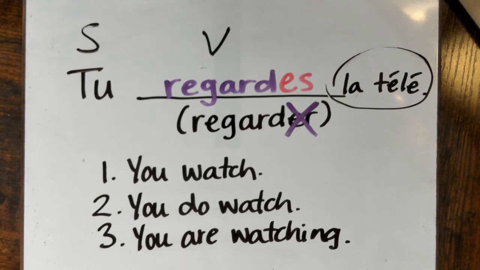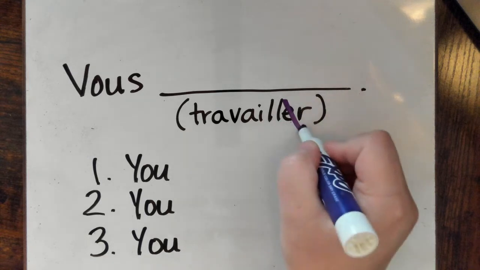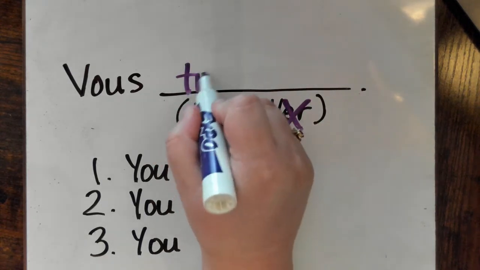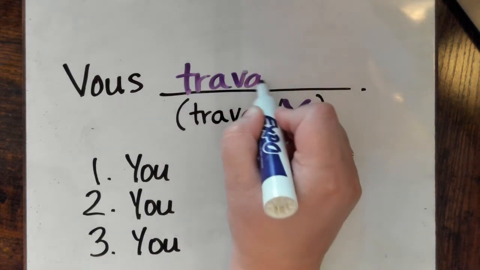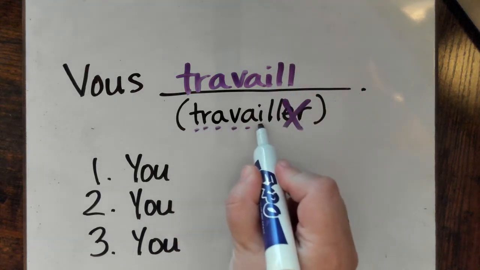Okay, let's do more. Try this one. Travailler. Start by finding the stem. So this is just each of these letters.